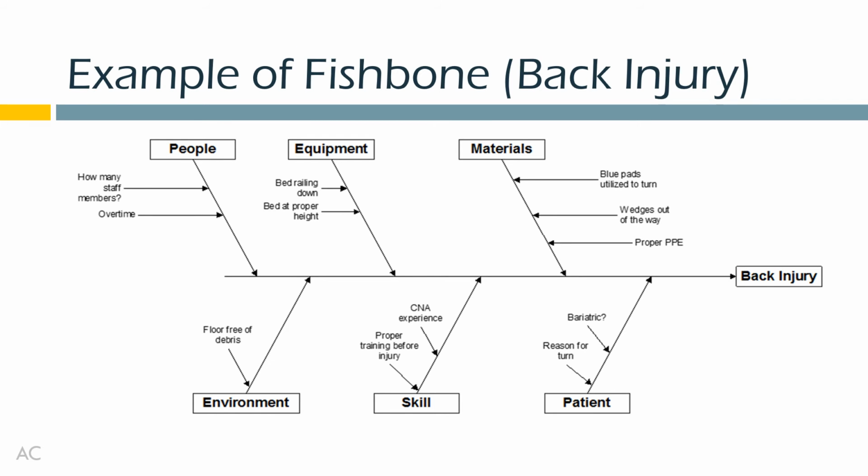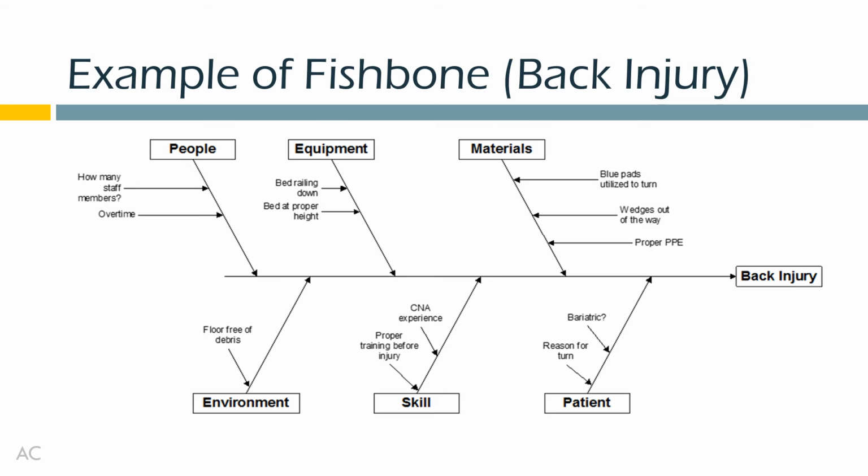So here's an example of a fishbone diagram. It's about back injury. If someone has a back injury, what were the causes of the back injury? It could be the materials, it could be equipment, it could be people, it could be the environment, it could be their skill, or it could be the patient. And you see the different fins among the different headings, like how many staff members were there in people?